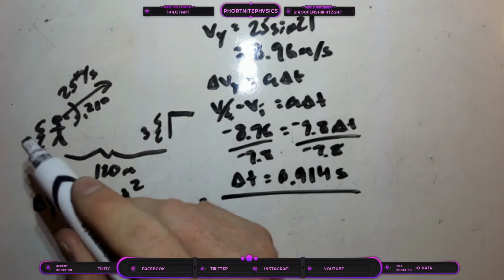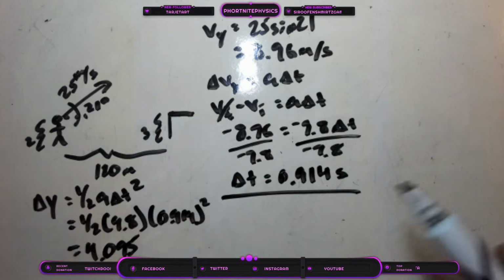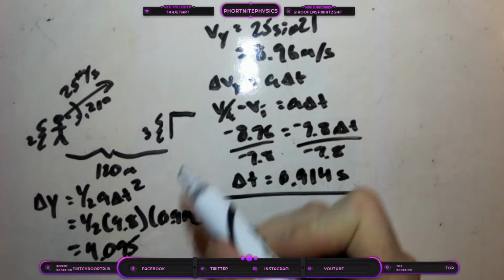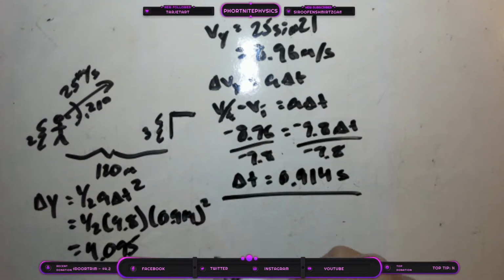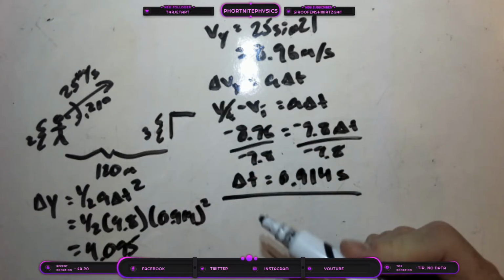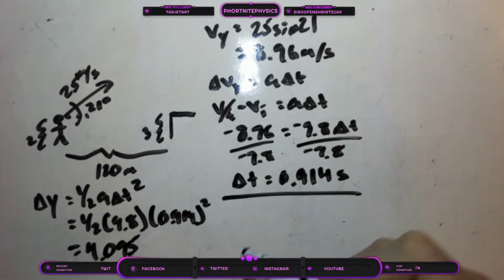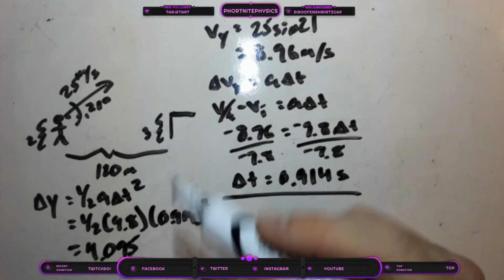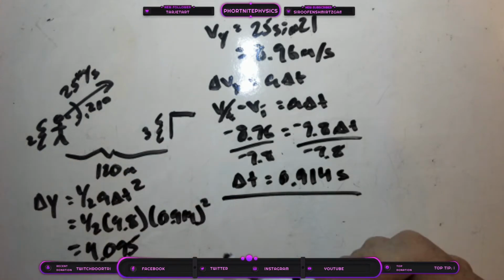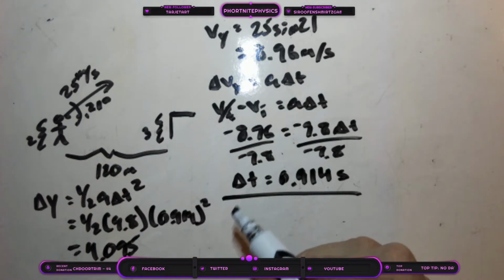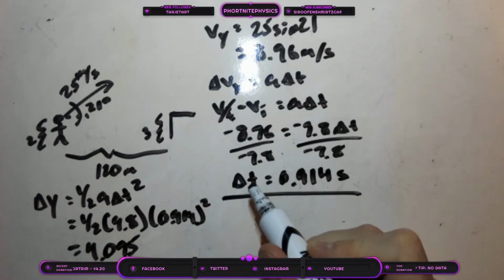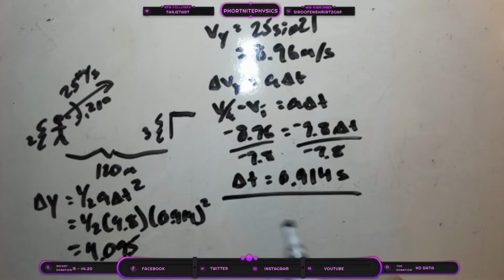Okay, but Alex Bregman is 2 meters tall, so it goes up 4.095 meters in 0.914 seconds from when it was hit, but it actually falls down this far plus the height of Alex Bregman. So it actually falls down 6.095 meters.